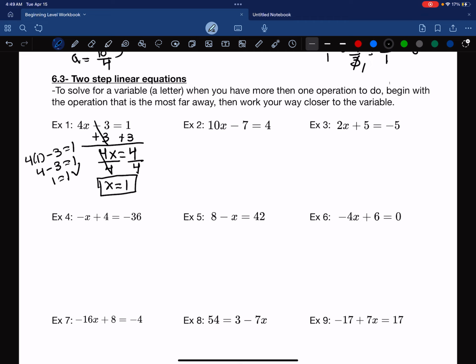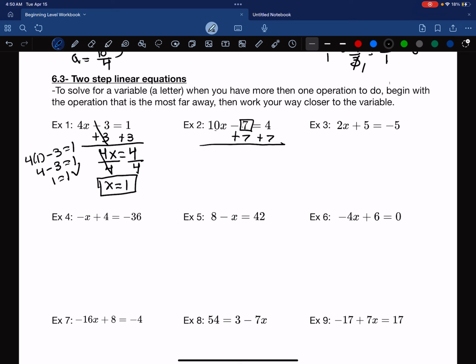So looking at example 2, we have 10x minus 7 equals 4. So we're going to do the same thing. We're going to add 7 to both sides because 7 is further away from this x value. The 7 here is further away than this 10 is because this 10 is directly attached to this x.